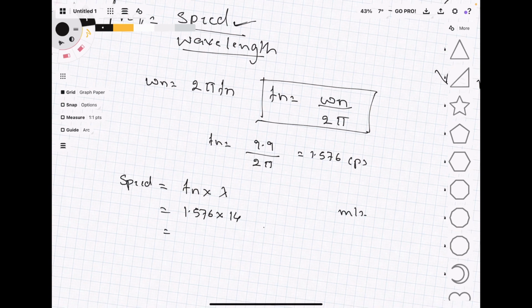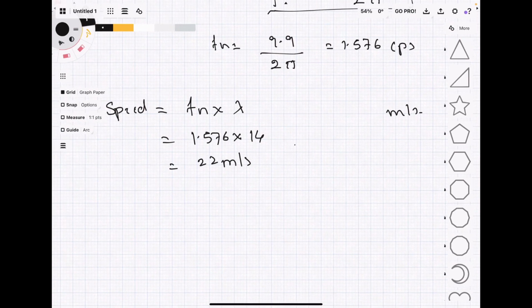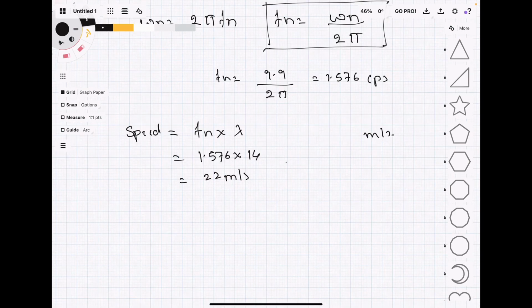So your value will be 22 meter per second. If you convert this into kilometer per hour, you will get 79.2 kilometer per hour.